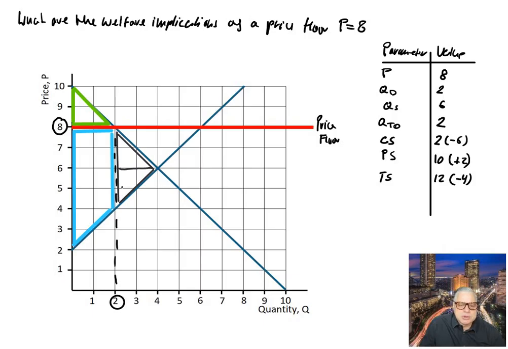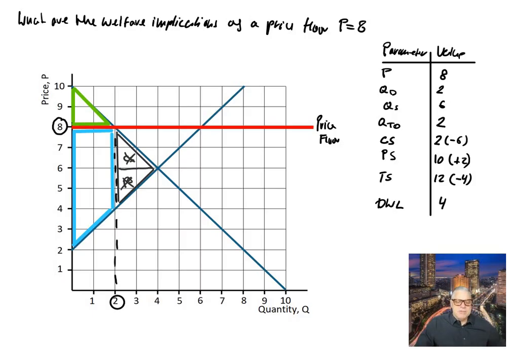So that used to be consumer surplus, but this is now lost. And this used to be producer surplus, but this is now lost. So our deadweight loss is 4.